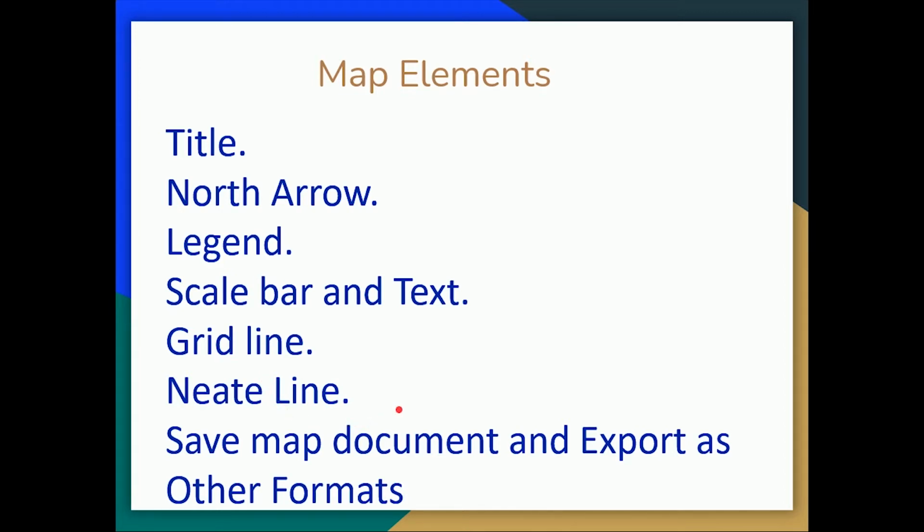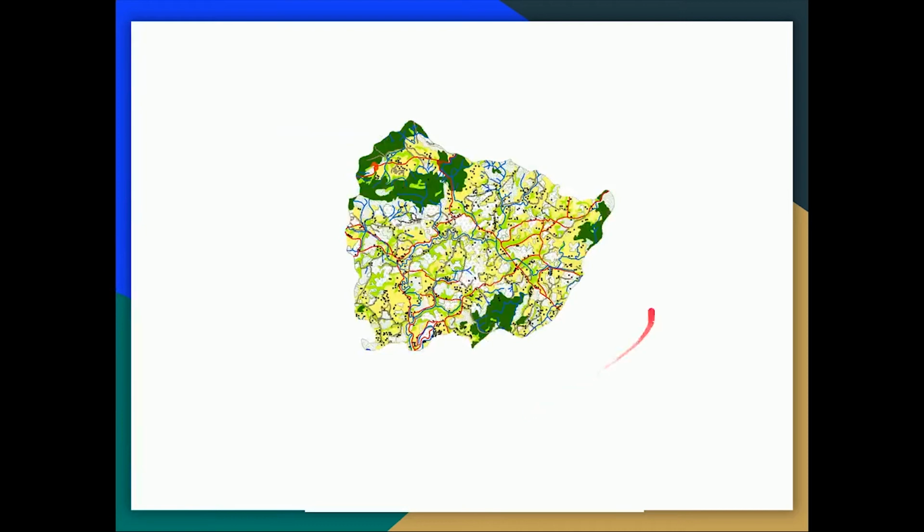Also, lastly, save map documents and export our maps as other formats. Let's see these kinds of things we can add to maps: roads, lines, polygons, like features we can add to our map.